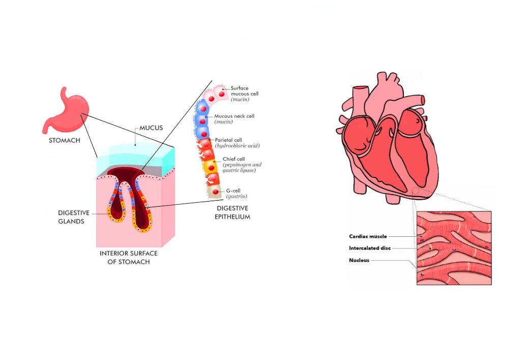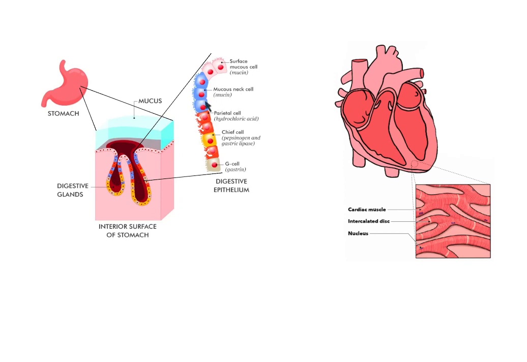Now, no two cell types found within the body are the same. So, a cell that is making the tissue of, let's say, your stomach is going to be a very different kind of cell versus the cell that is responsible for making your heart. Despite those differences, there will be some organelles that are going to be characteristic of all living cells.